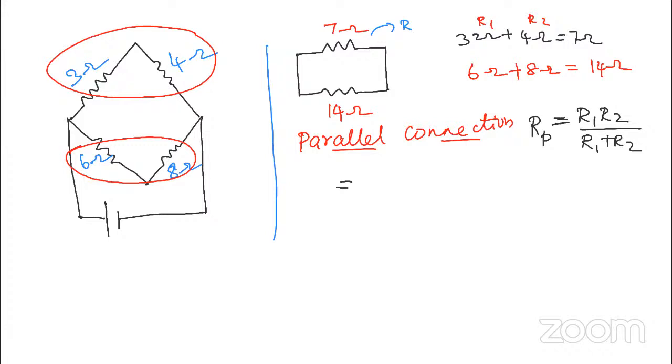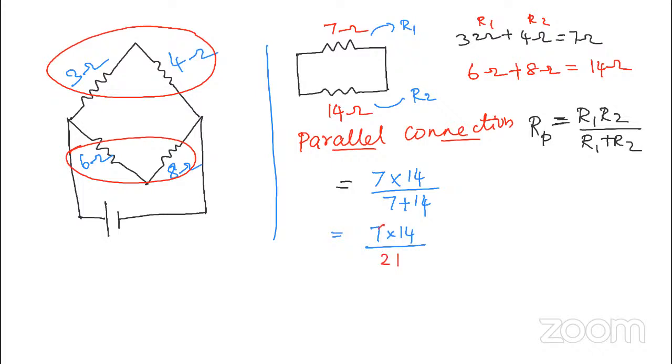Here it is R1 and here it is R2. So 7 into 14 divided by 7 plus 14, which should be 21. Right?